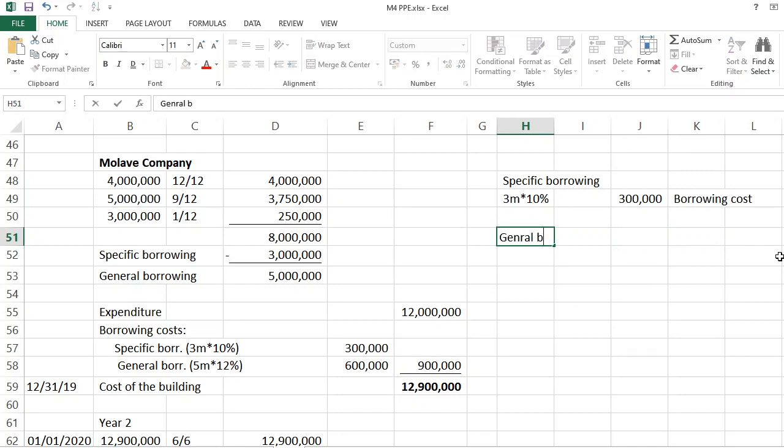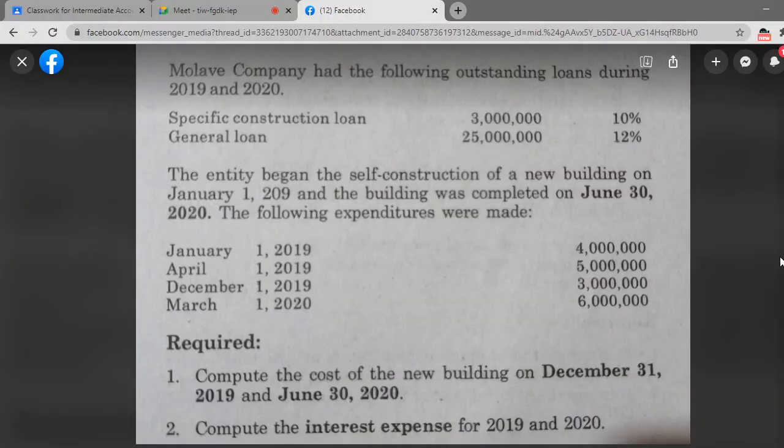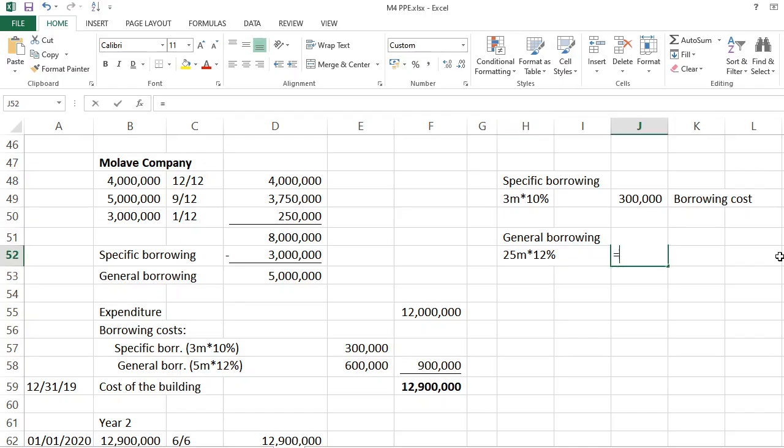Let's proceed to general borrowing. Pila ba dapat ang atuang interest or expense with regards to general borrowing? So that's 25 million times the 12%. Tama ba 12? Okay. This is a total of 3 million. Of the 3 million, pila ang nagamit for the building and pila ang nabilin.